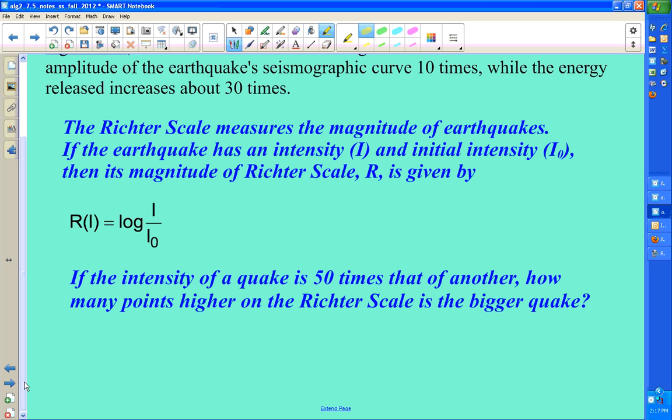So what's the log of 1 divided by 50? 1.699.